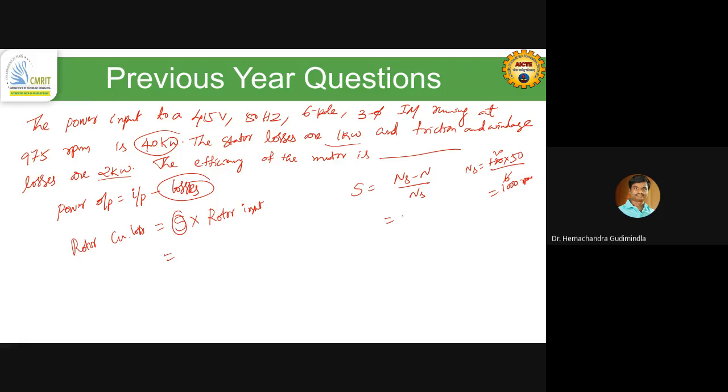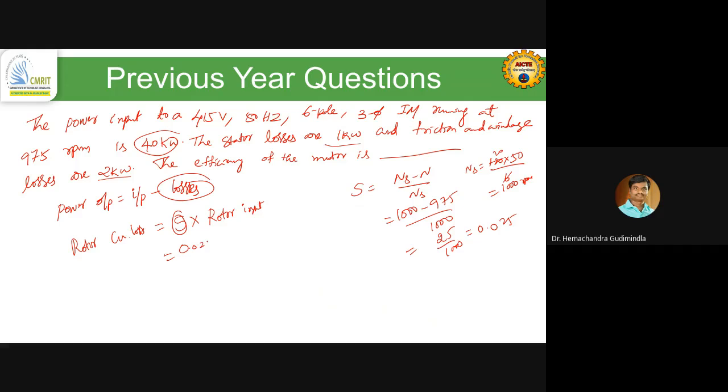Now ns is 1000 minus n is 975 by 1000, so we will get 25 by 1000. So 25 divided by 1000 is 0.025, right?